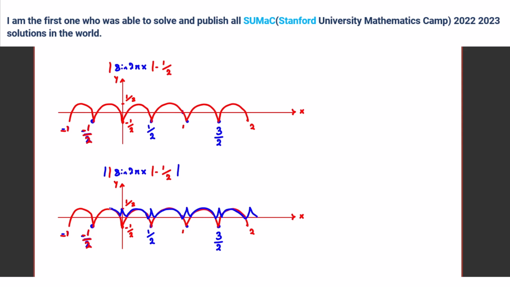And the x coordinates of these tips are -1/2, -1, 0, 1/2, 1, 3/2, and 2. Agreed? Yeah. Okay.